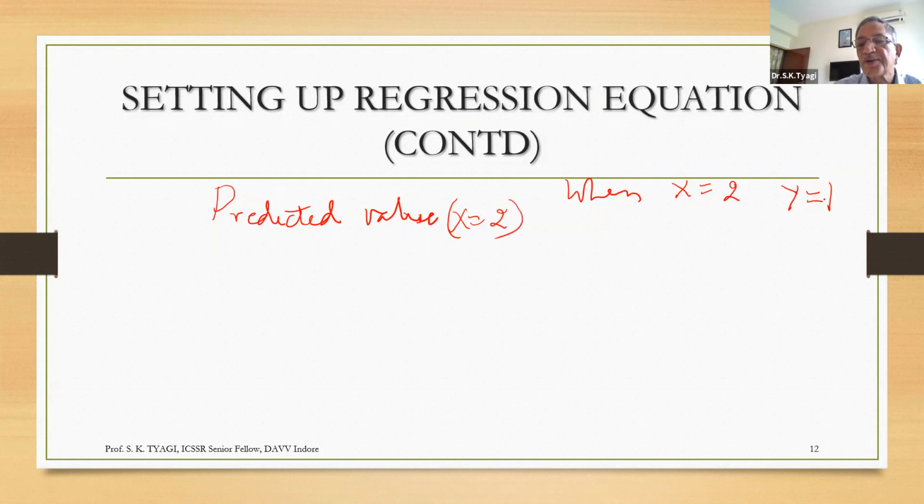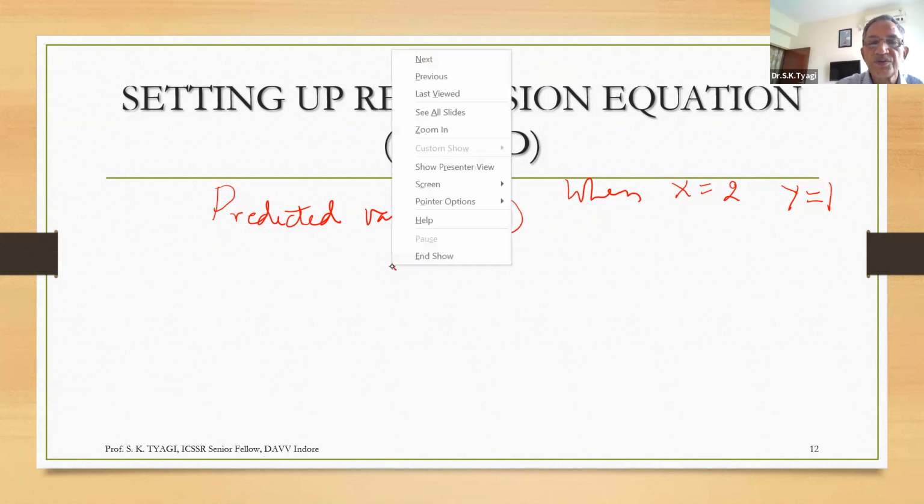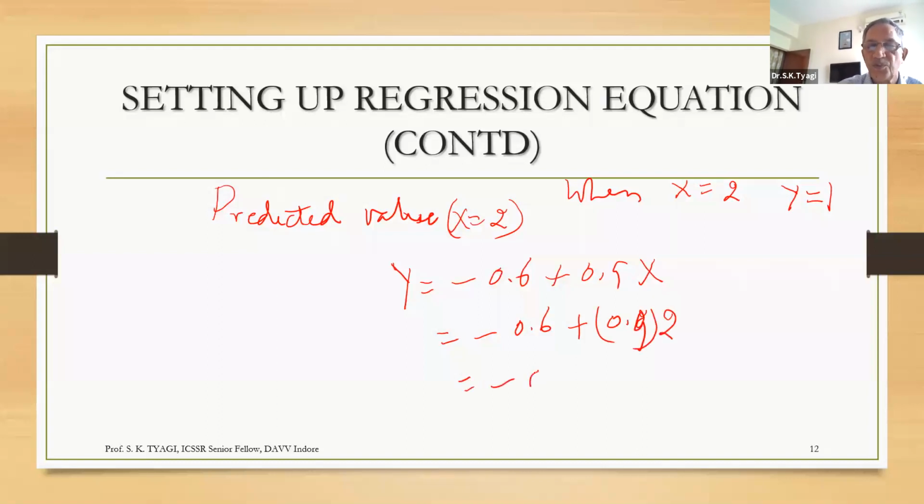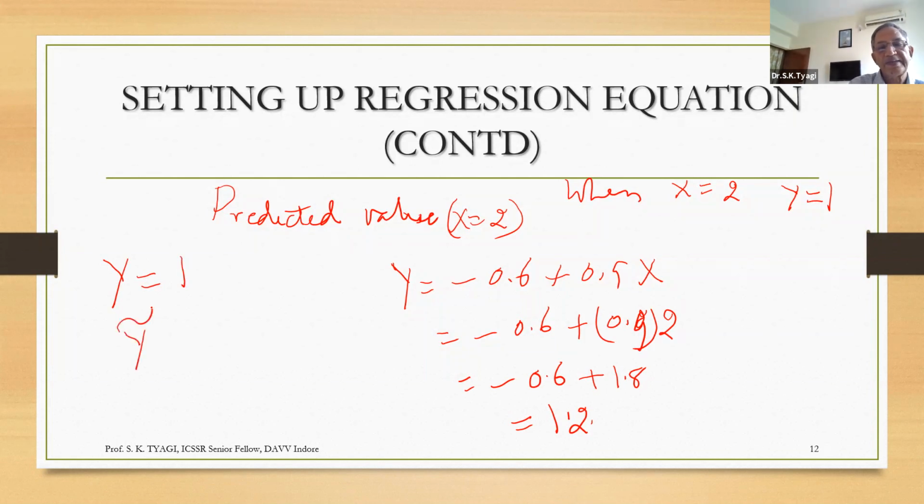Using the regression equation, y is equal to minus 0.6 plus 0.9 into x. Put 2 here: minus 0.6 plus 0.9 multiplied by 2, that is minus 0.6 plus 1.8, that is 1.2. So y is 1, but y predicted is 1.2.